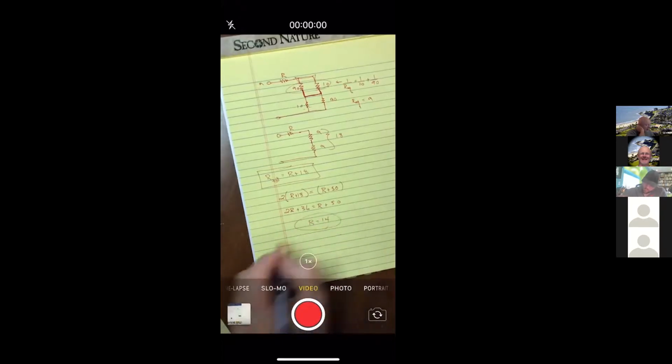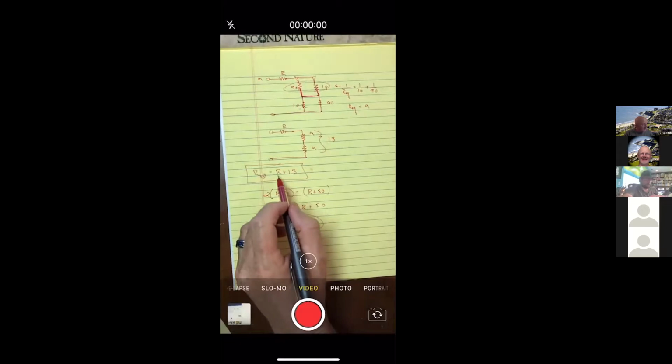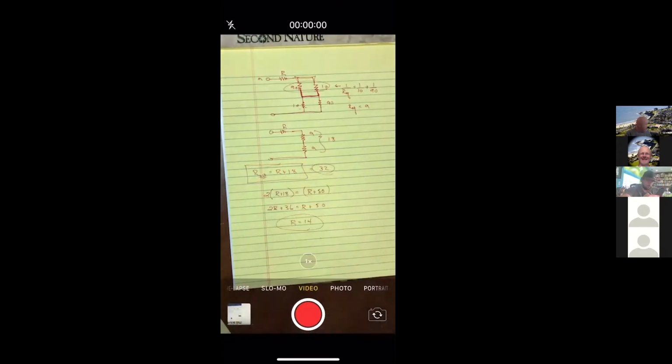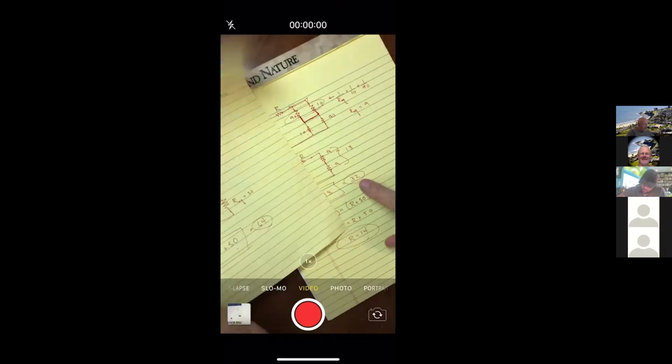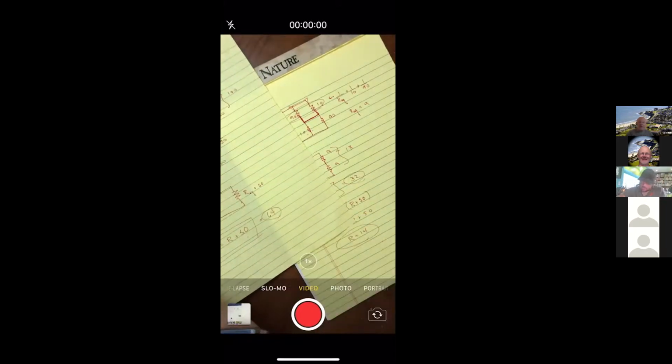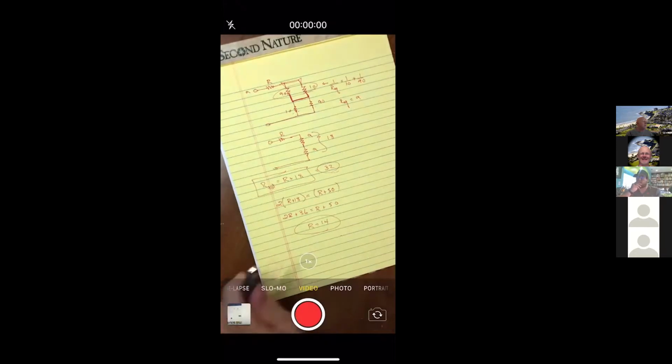Yeah, so if R is 14, this would be a 32, and this would be a 64. And so 32 doubled is 64. And so hooked this way with a switch, using a 10 and a 90 and a switch and a resistance of 14, I can develop a circuit that would double the current as the operator pushed the button in.